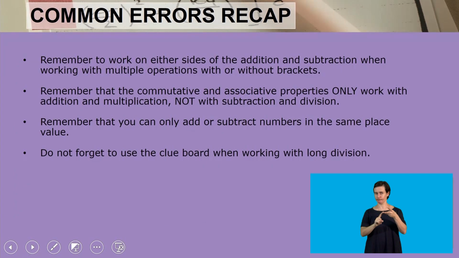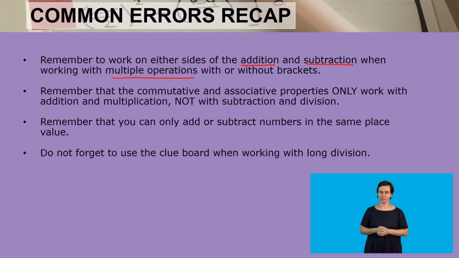Now, when it comes to whole numbers and calculations concerning whole numbers, remember that when we are working with multiple operations, work on either sides of the addition and the subtraction, with or without brackets.